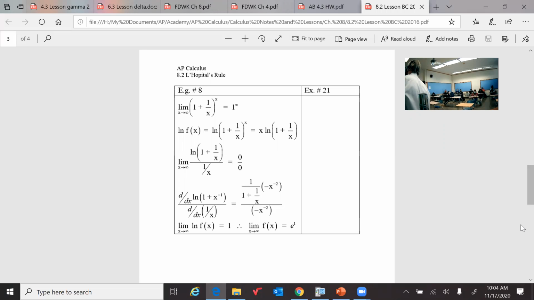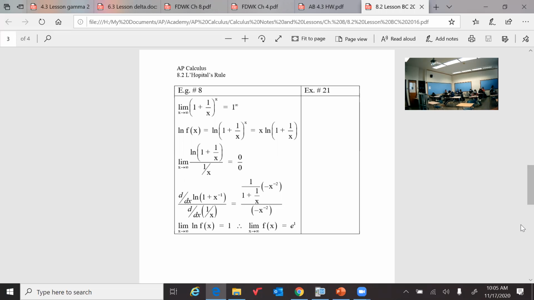So one thing we could do is we can take the natural log. Why would we think to do that? You take a log of this, and the property of exponents allows you to bring this x up front. So if I take the log of this thing, the question becomes x times ln of u. Now what? If I rewrite this x, it's being multiplied, as 1 over x in the denominator.